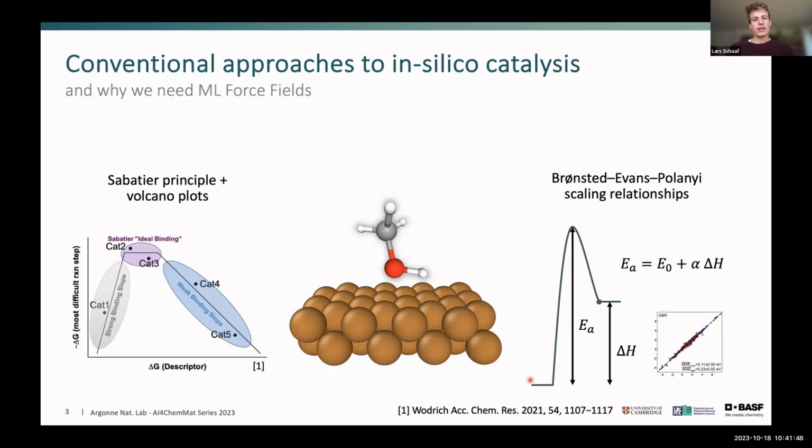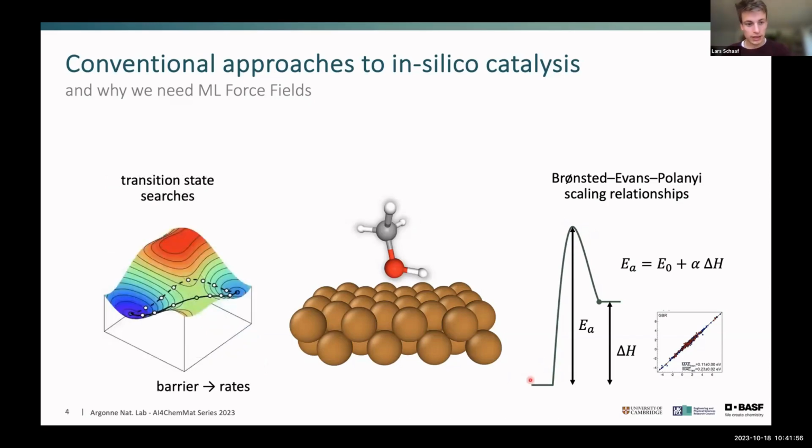But of course, the rate depends exponentially on that barrier height. And so we might actually want a much more accurate value for that barrier height. And in that case, we have to do a proper transition state search. And this is where we get into the realm where computation does become much more expensive. Another reason we might want to do a transition state search is that we actually want to break these scaling relationships. So a perfect catalyst is one, of course, where the barrier is low. We're trying to reduce that barrier.